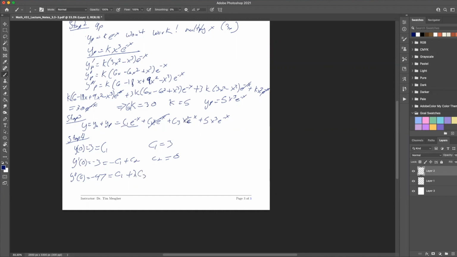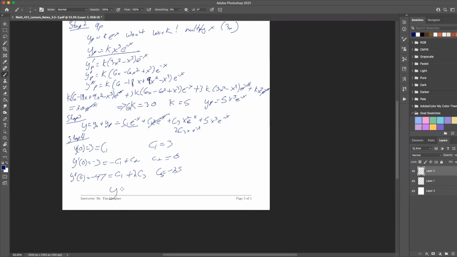If I took the derivative here, I'll get 2x plus e to the minus x, and the other one will have x squared in it, which will never go away. Then if I took this derivative again, I'd have e to the x, and so I have the 2. So I'm left with this. If I move the 3 over, I'll get negative 50, so c3 is equal to minus 25.